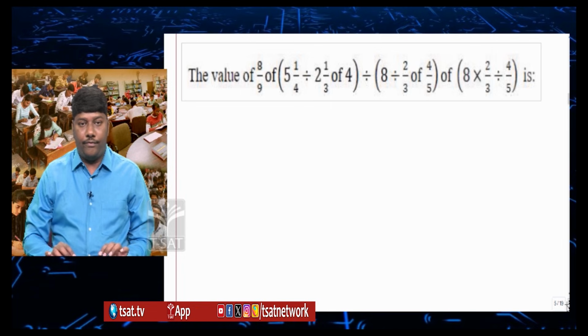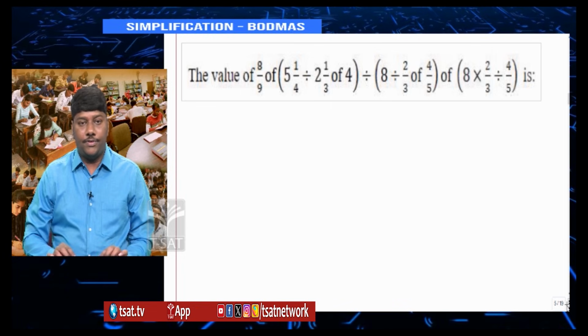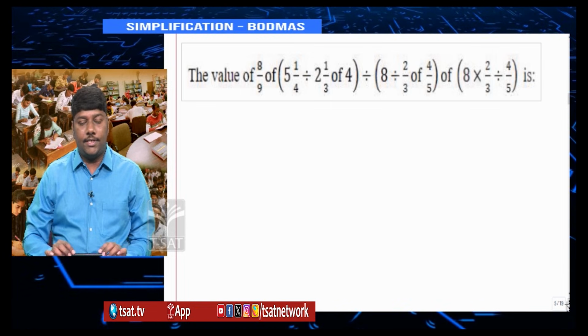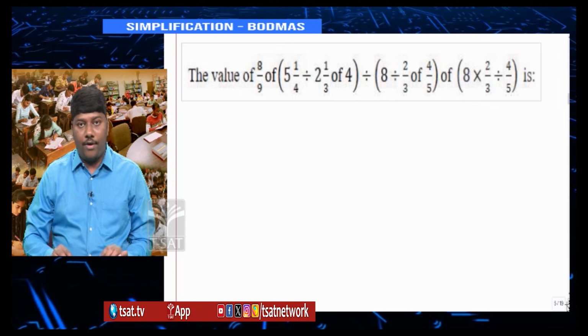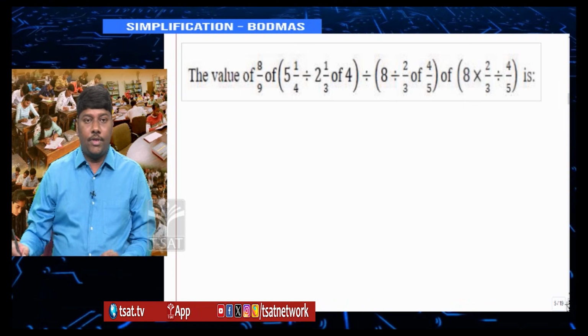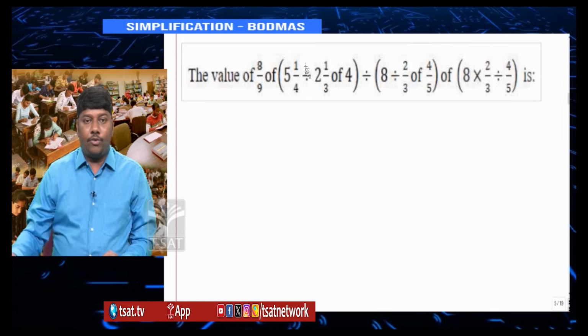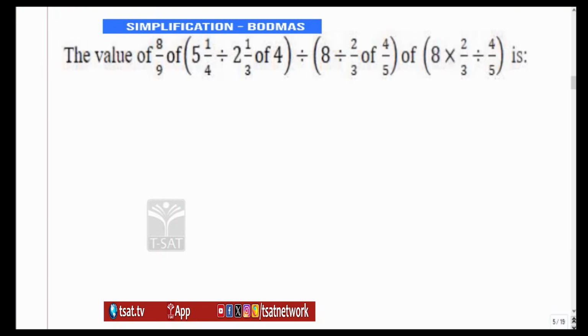The value of. Again you have 3 brackets. First simplify the things which are inside the braces. Inside the braces also your priority goes to of, then after division. So, first give priority to of. Solve 1 by 1.